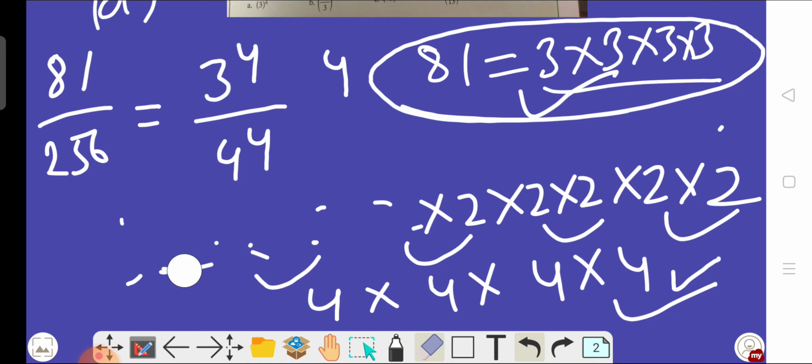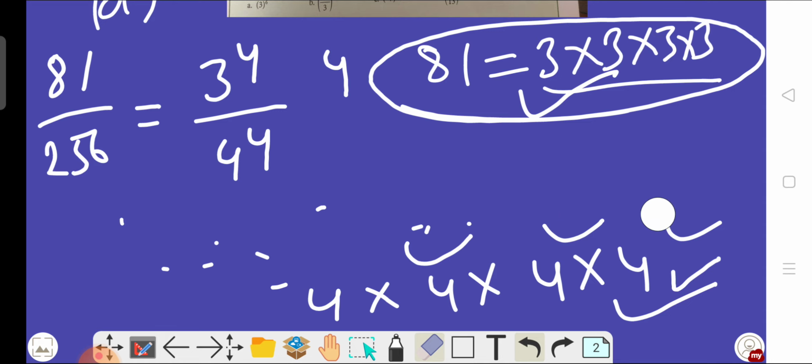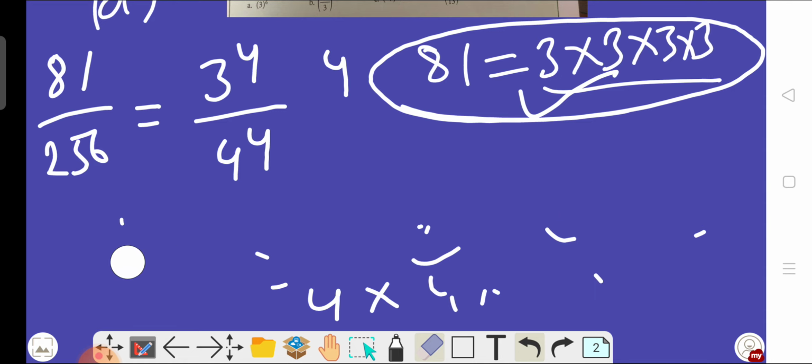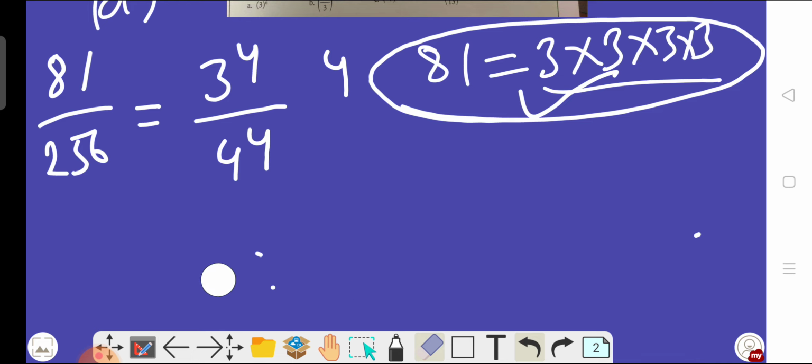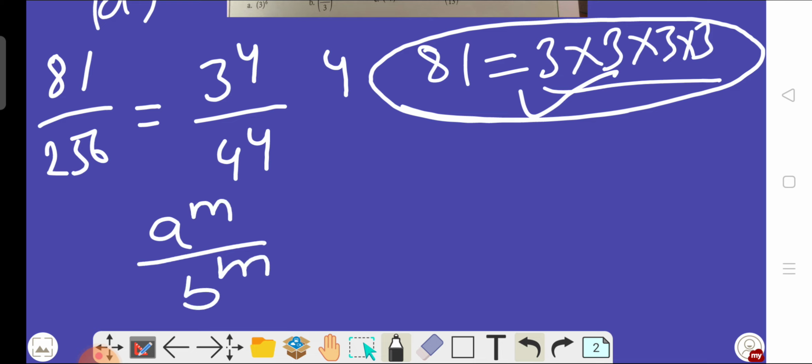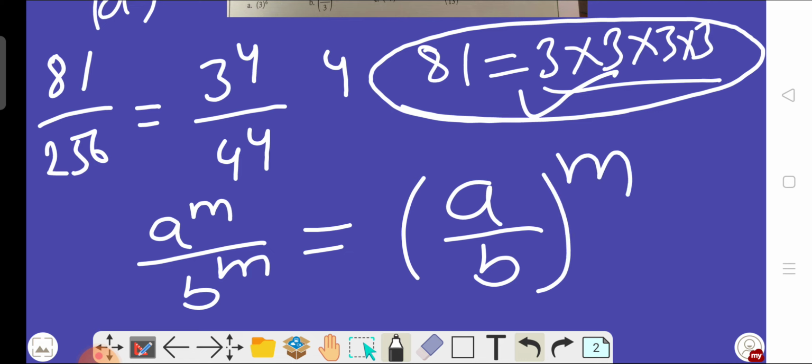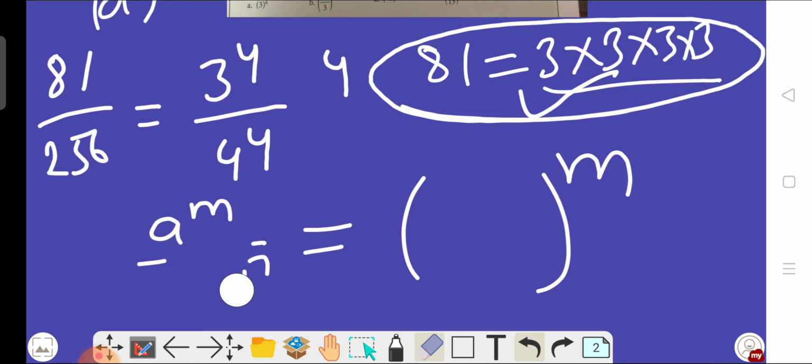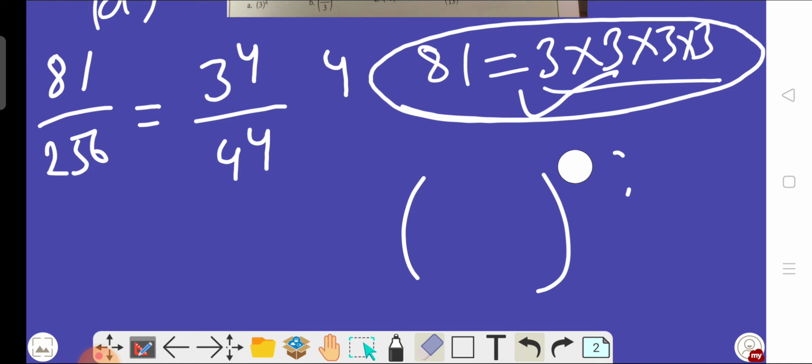And by using the rule of division of exponential terms, that is a raised to the power m by b raised to the power m is equal to a by b raised to the power m, we can write the answer of this part as 3 by 4 raised to the power 4.